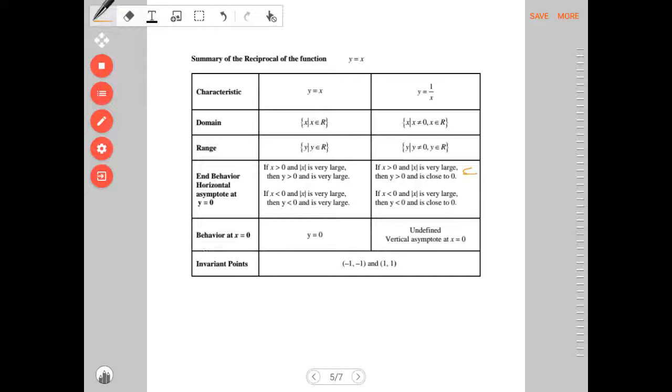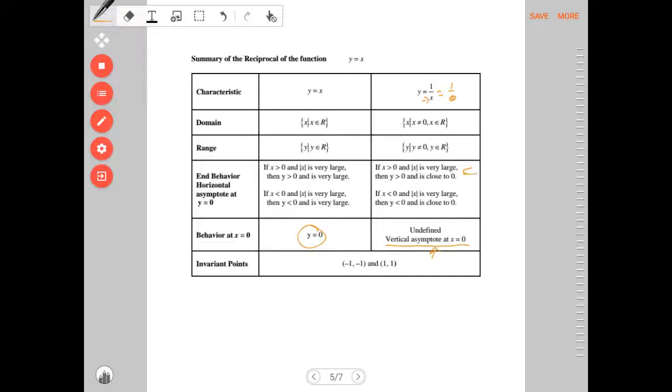Now the behavior at x equals 0. For y equals x, y equals 0. But for 1 over x, if x is 0, 1 divided by 0 is undefined. That's where the vertical asymptotes happen, whenever the bottom equals 0. In this case, in 1 over x, we divide by 0 when x equals 0.